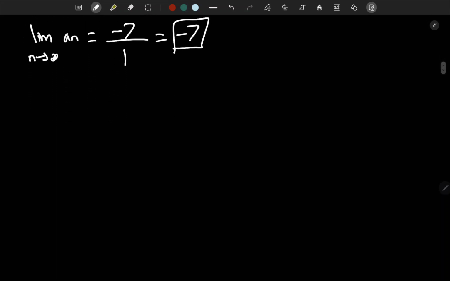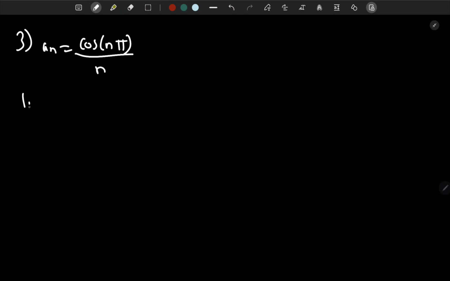So let's move on to an example where we have trigonometry in our question. Question 3, we have a of n equal to cosine of n pi, close brackets, and then over n.